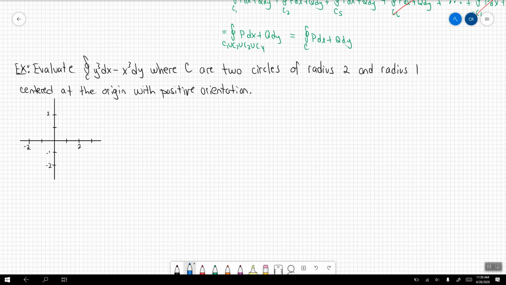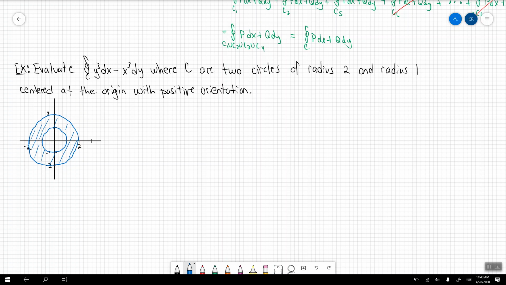Alright, here we go. So we had two different circles, one of radius 2 and one of radius 1. There we are. And so the region that's being enclosed here is this region right in there.